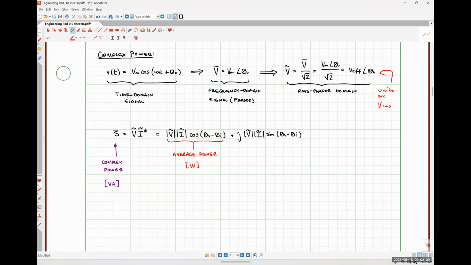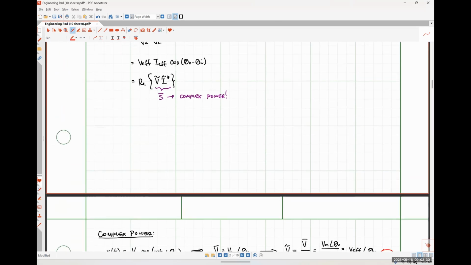And I'm going to give this average power a symbol, P. You might see it as P average, but usually I'm just going to write it as P. So our average power is the real part of our complex power, which is exactly how we defined it up here.